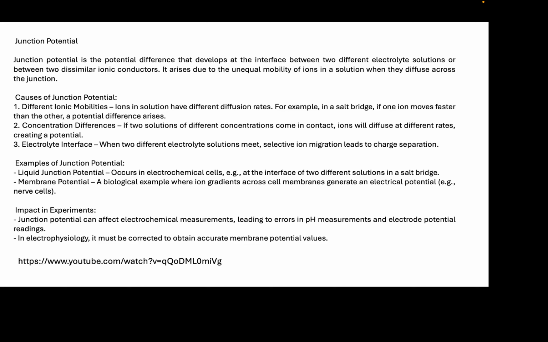So there is a little bit of non-compliance between what we are calculating and what is actually happening. Second, in electrophysiology, it must be corrected to obtain accurate membrane potentials, which will help us come up with more accurate and more efficient sensors and biochemical or biomedical devices.